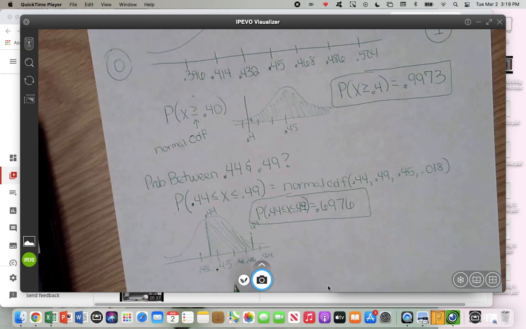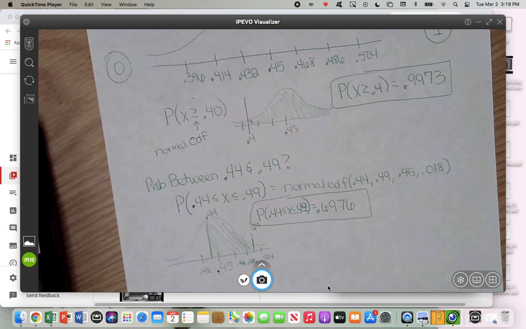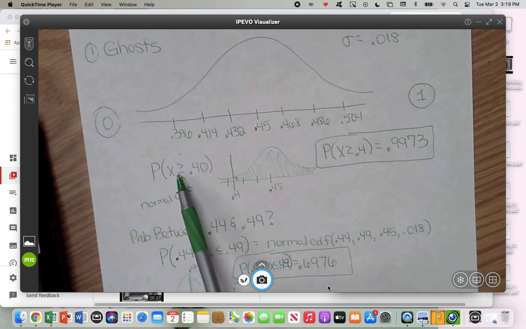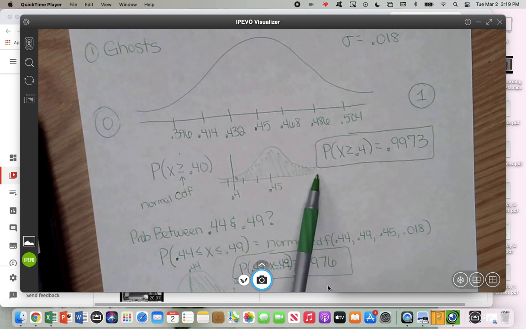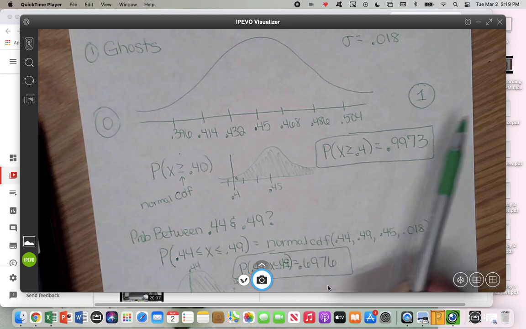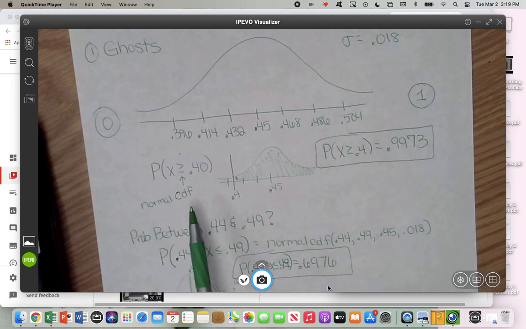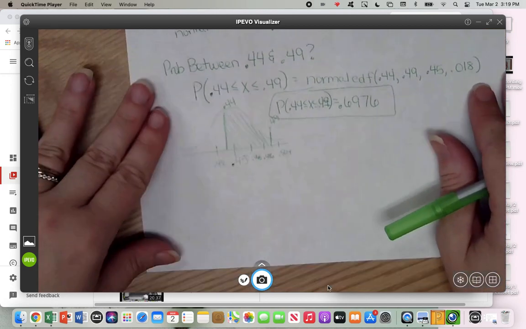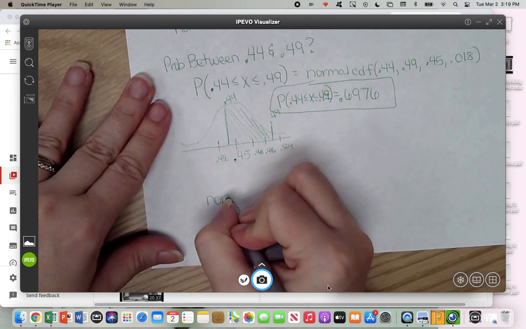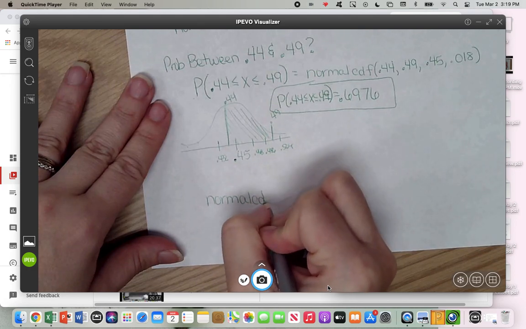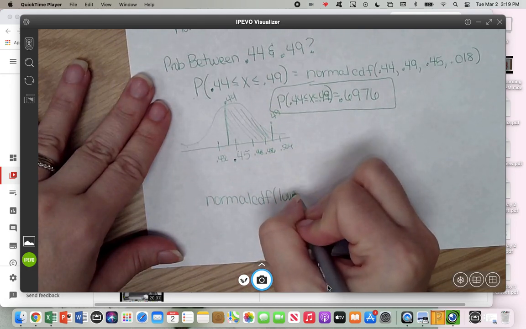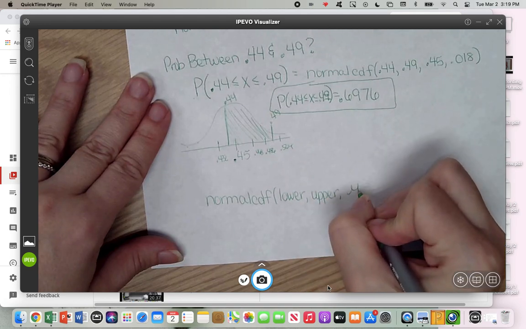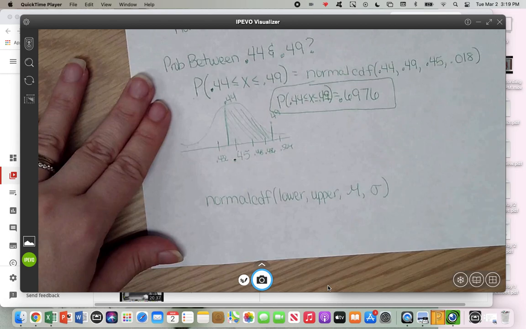Sometimes they will give you an upper and a lower bound. So like on this last one, they gave us the lower bound and we wanted to go up. So the upper bound is 1 if it's not given. Now if it's going from a number down, the lower bound is 0. So whenever you type in your normal CDF on the calculator, you're going to do a lower bound first, an upper bound second, then you're going to do your mean and your standard deviation.